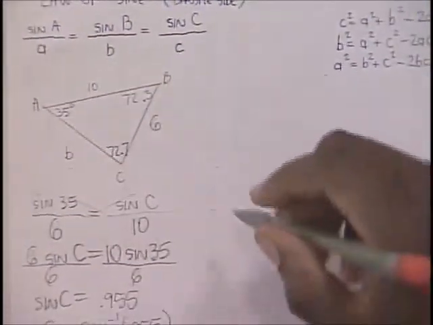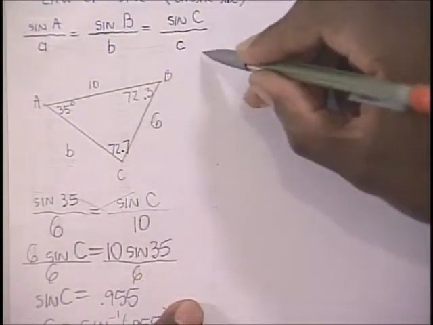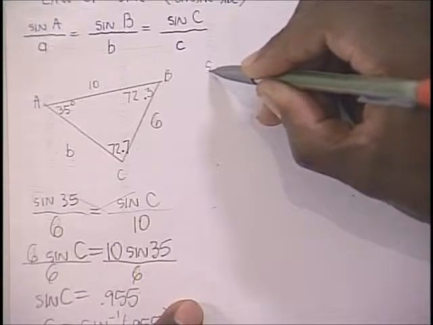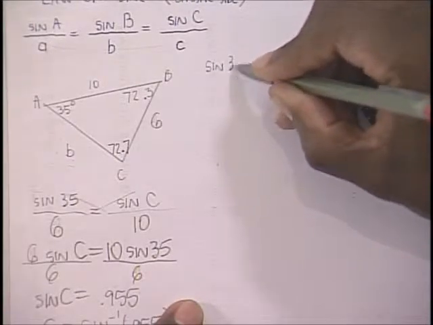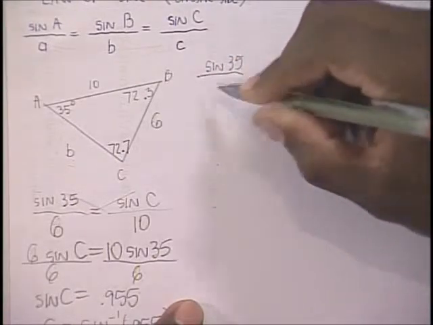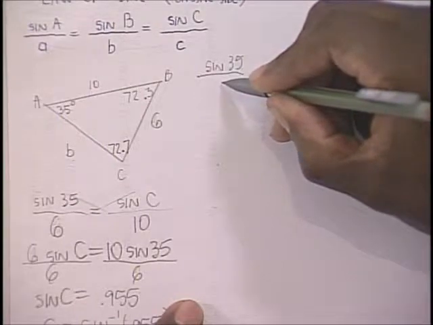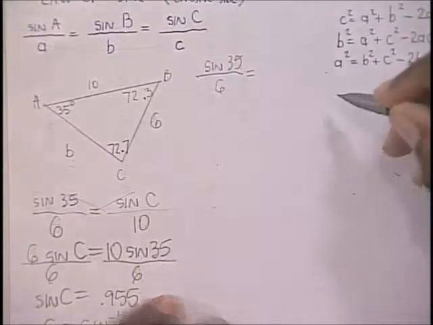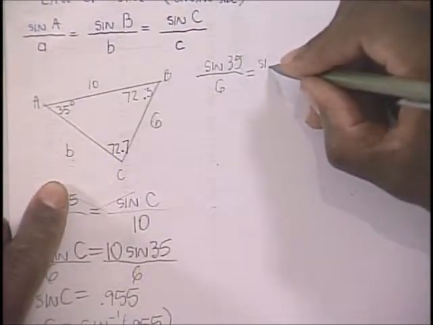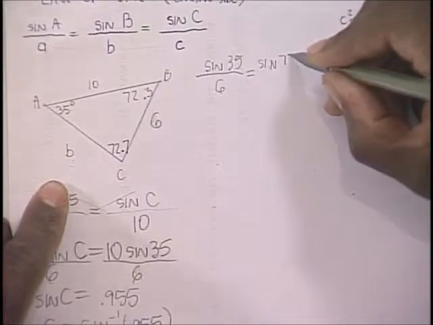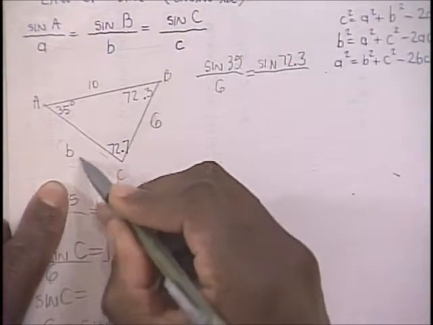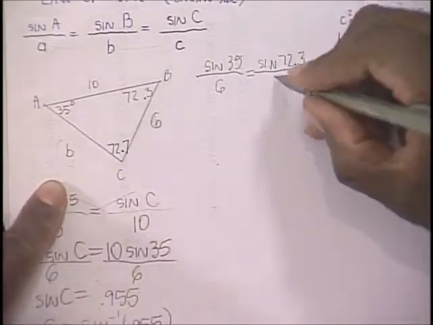All right, so let's proceed with this problem. We have the sine of 35 over 6. We're using the law of sines again. The sine of 35 over 6 is equal to the sine of 72.3 over this leg that we wanted from the very beginning, over b.